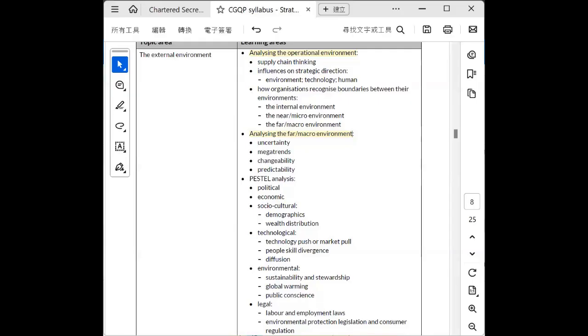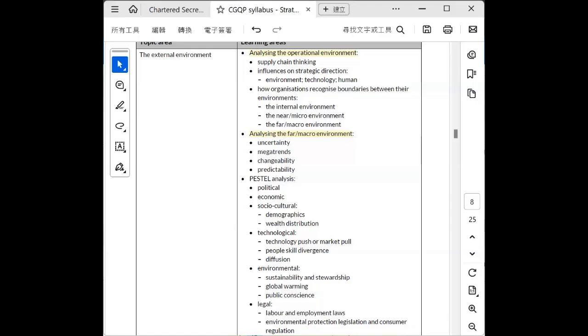Factors like geopolitical shifts, global pandemics, and technological breakthroughs can all dramatically change the business landscape. So you have to understand the uncertainty that the company has to face.